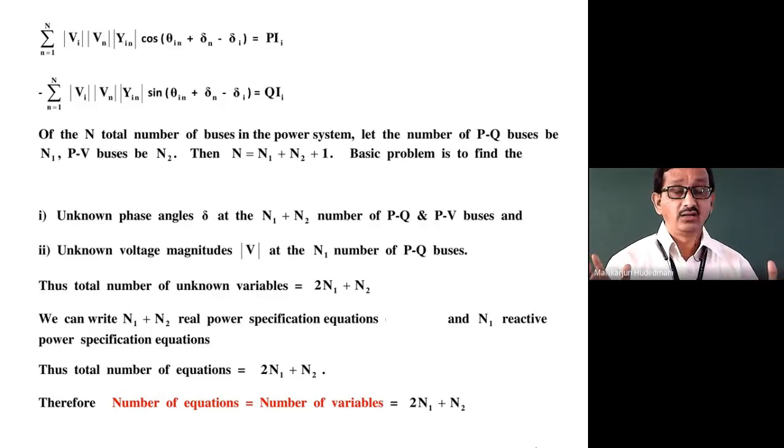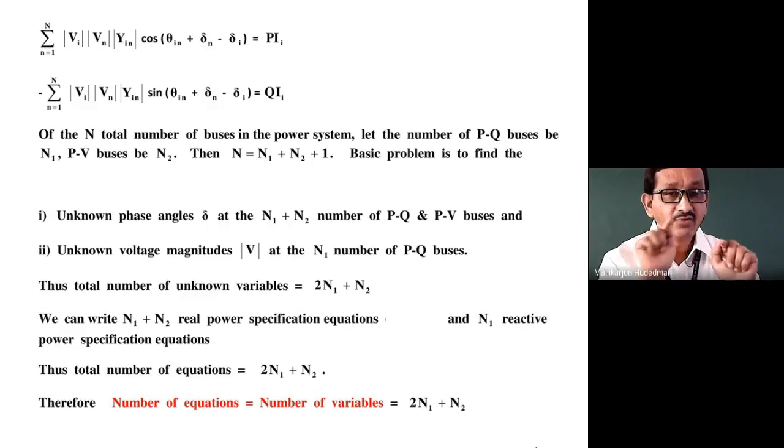If I add, how many unknowns altogether will I find if I work with the Newton-Raphson method? It is N1 plus N2 plus N1. I will get 2N1 plus N2 as the total number. I don't know delta and V. Total unknowns for me right now are 2N1 plus N2.